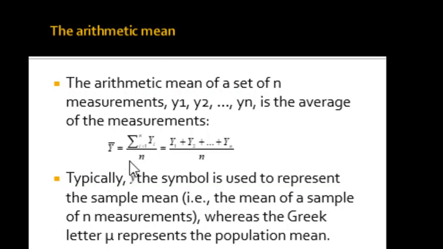There's a bar on top of the Y, and it's just the sum of all observations divided by the number of observations. So if we have n observations, then y1 plus y2 through yn, add them all up and divide by n. The sample mean is denoted by y bar, whereas if we are calculating the mean for the whole population, it is denoted with the Greek letter mu.